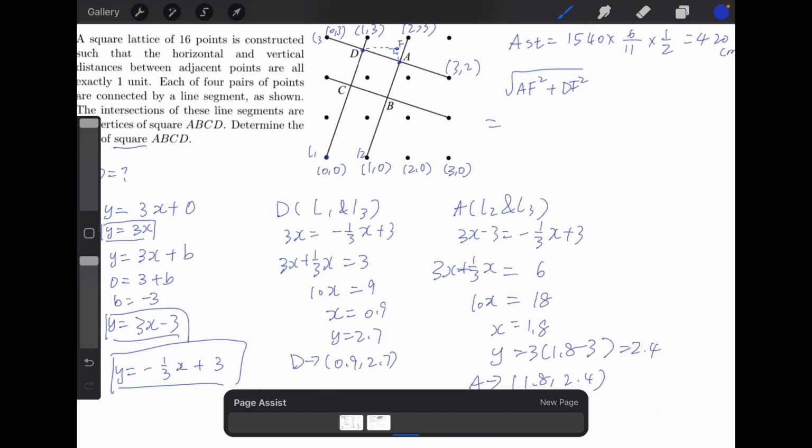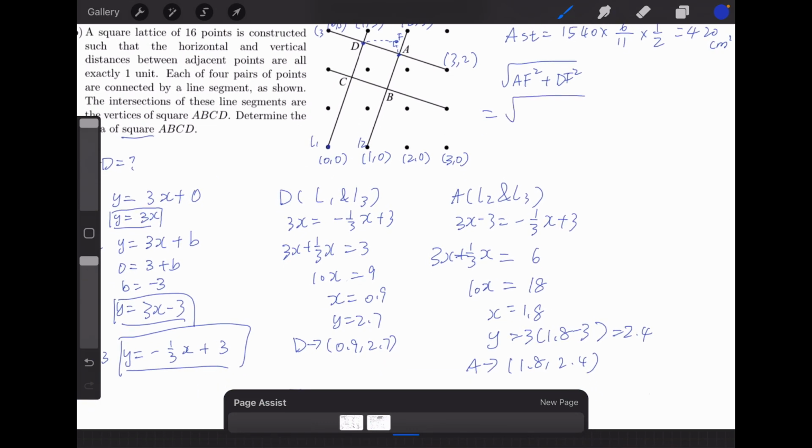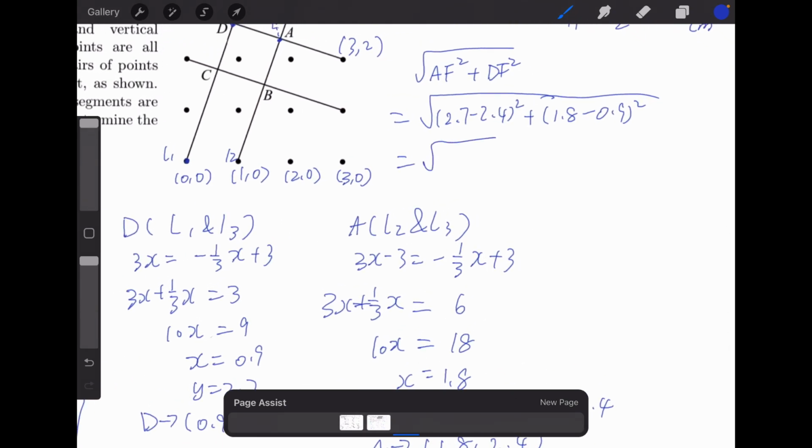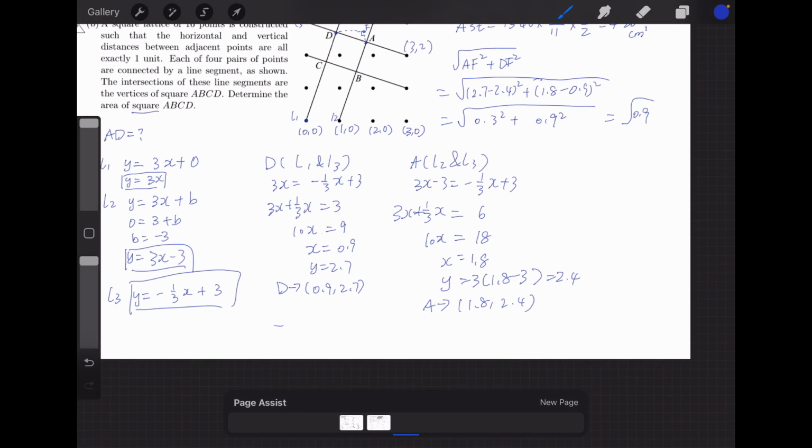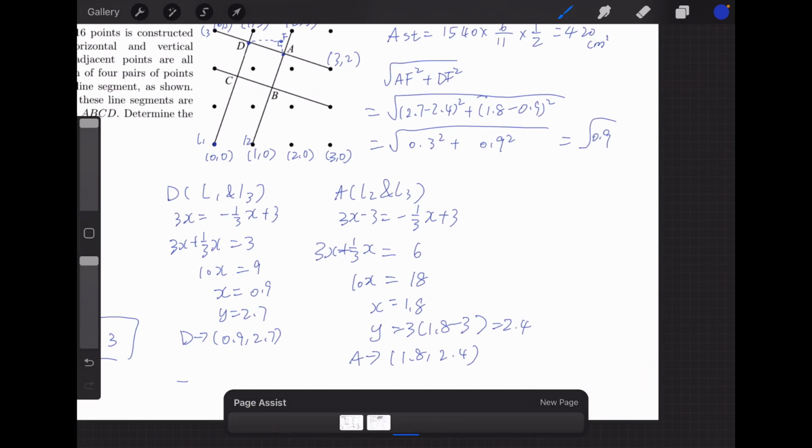That gives us the square root of (2.7 minus 2.4) squared plus (1.8 minus 0.9) squared, which is 0.3 squared plus 0.9 squared, and this gives us the square root of 0.9. This is the length of AD.